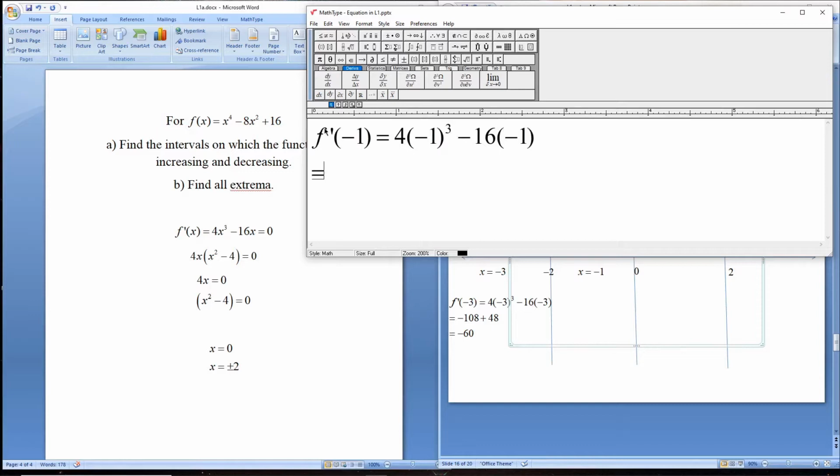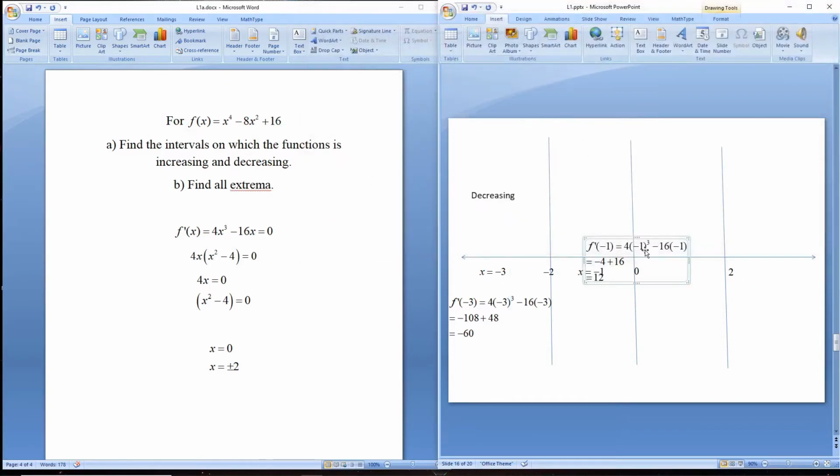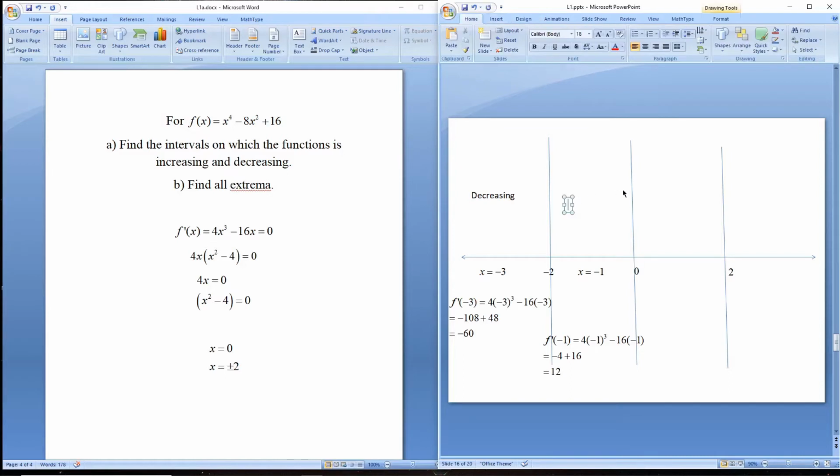And so -1 cubed is -1, times 4, and we have a +16 to give us 12. And again, we don't care about the value there. What we really care about is our output is positive. And if our output is positive, that means the function must be sloping up. And sloping up means it's increasing.